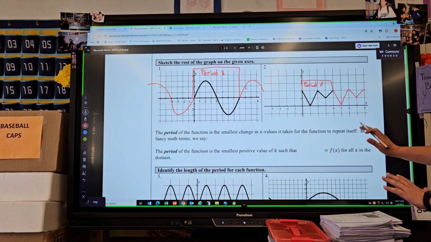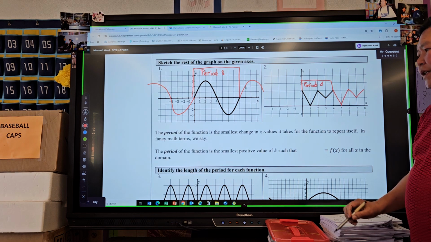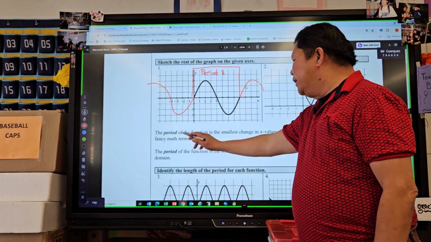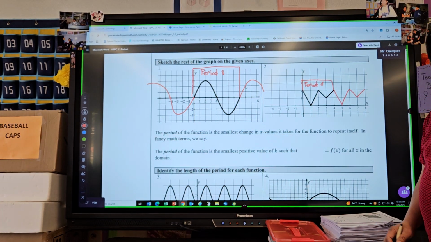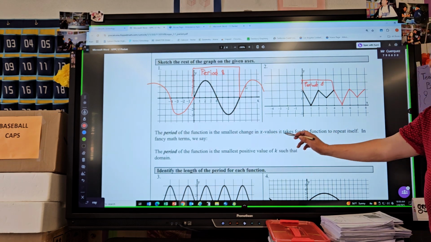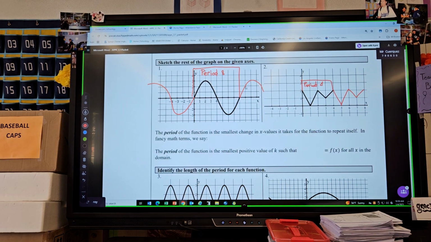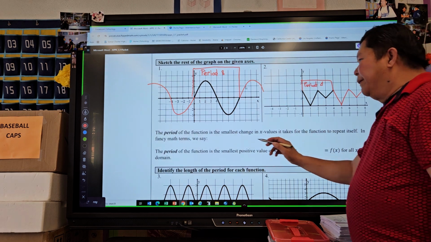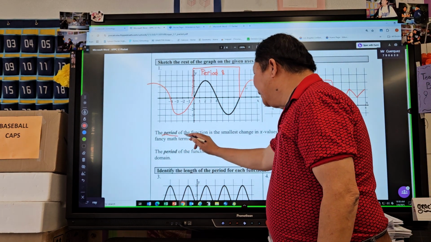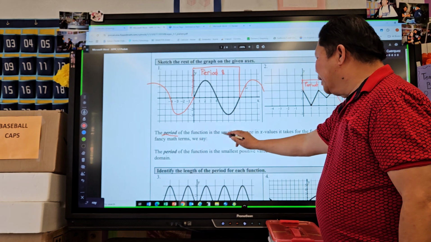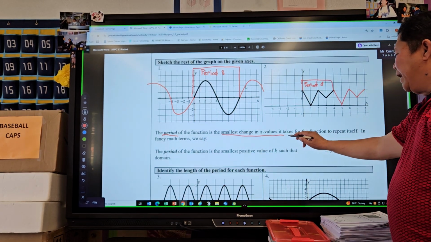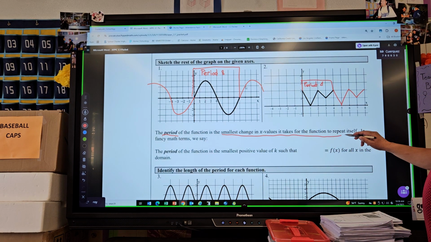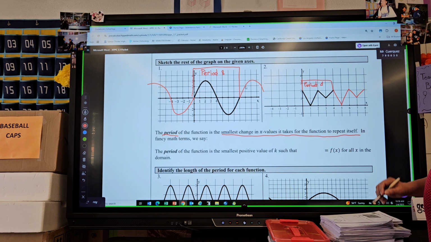Now, is this clear? If you have a highlighter, guys, I need you to highlight: the period of the function is the smallest change in x values it takes for the function to repeat itself.